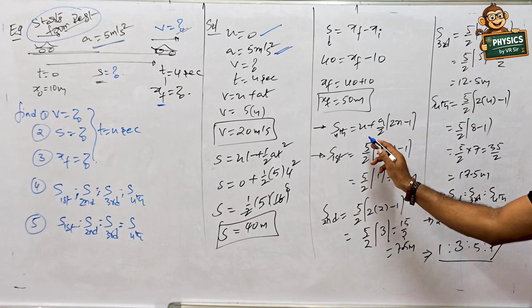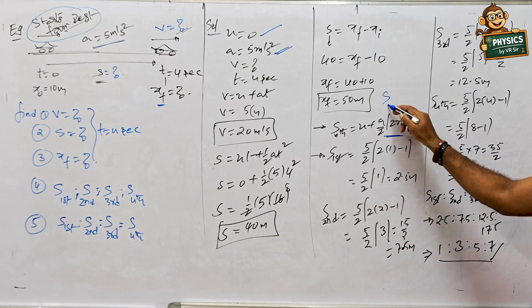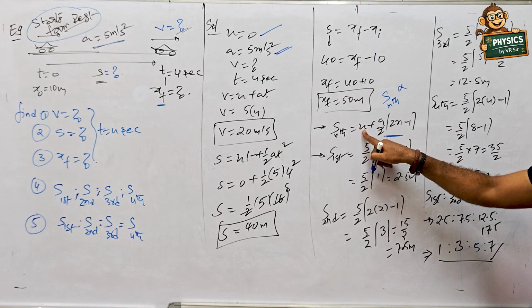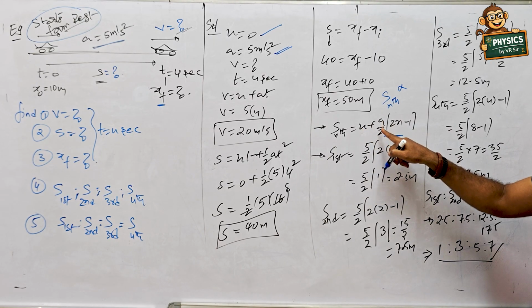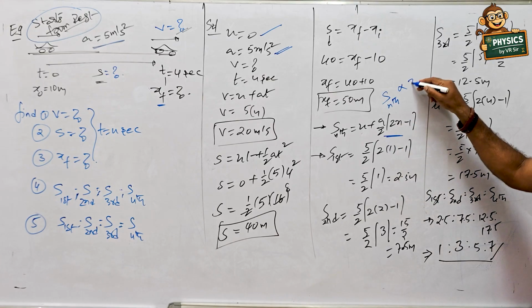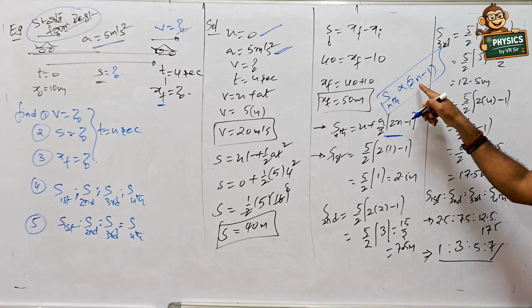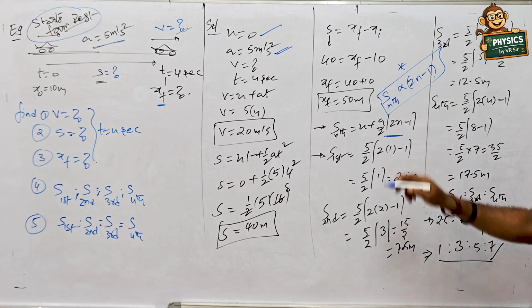The displacement in the nth second, S nth, is directly proportional to, of course, a by 2, constant by constant, it's a constant. Now it is proportional to 2n minus 1. Displacement in the nth second is proportional to 2n minus 1. Please take this point into your note.